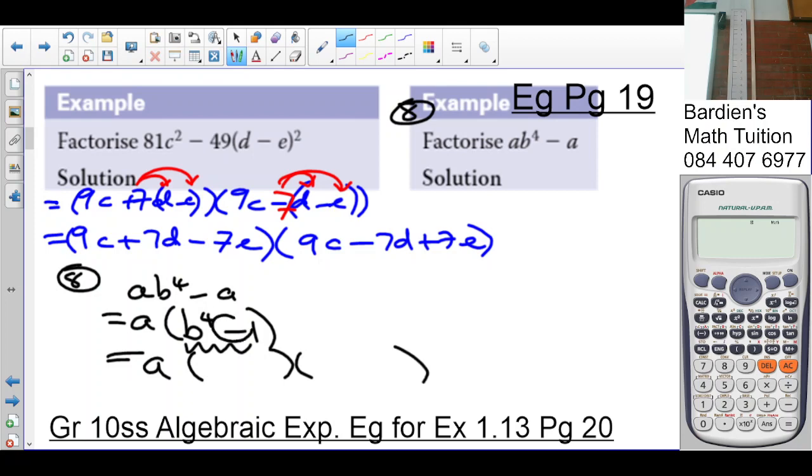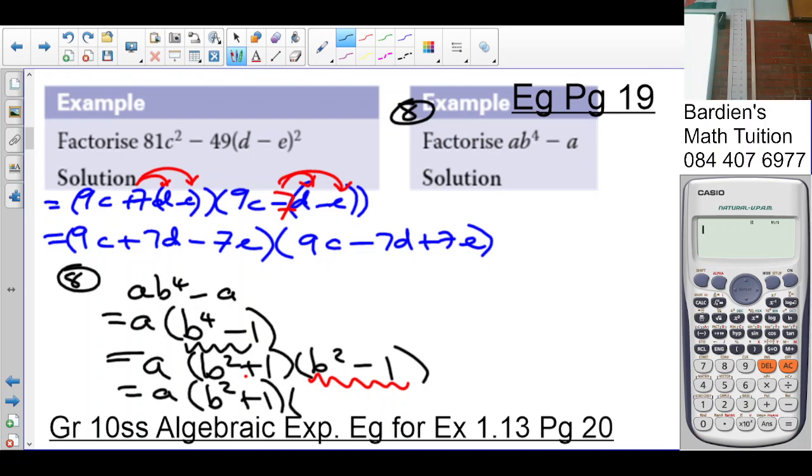However, that had to be a plus, you couldn't have applied that rule there. So that will give us b squared plus 1 and b squared minus 1. The difference of two squares can be applied on the second bracket, not on the first because of the positive. So I've got a into, this must be written down, because that's still part of your factors. So that would be b plus 1 and b minus 1.